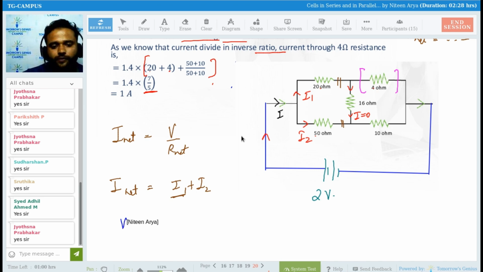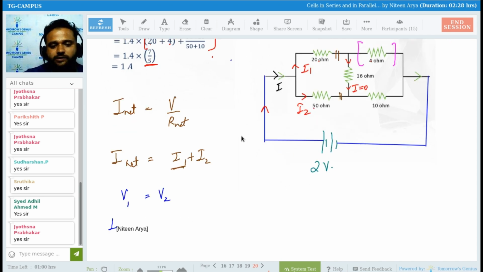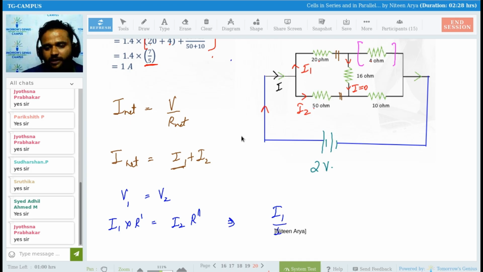So then what we're going to do, V1 equals V2, where V1 is I1 into R single prime, and V2 equals I2 into R double prime. Okay. So if we get the ratio I1 by I2 using R double prime and R single prime, we get the relation of I1 and I2.